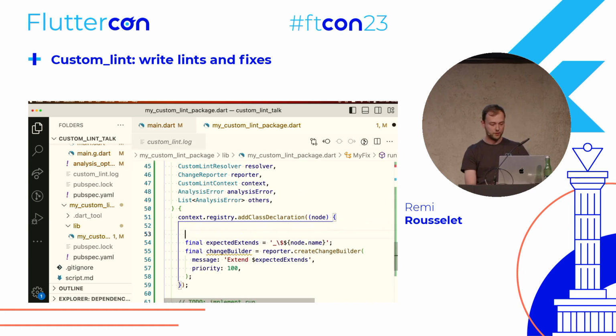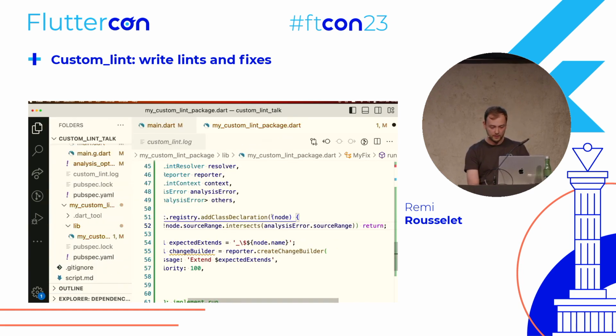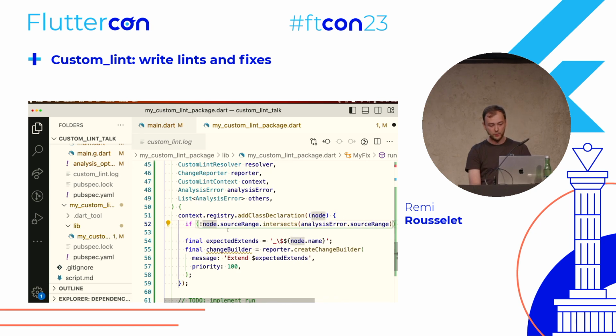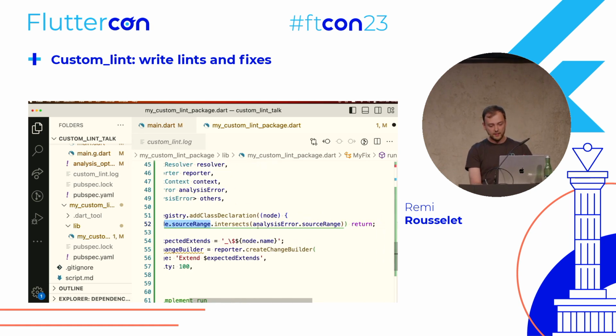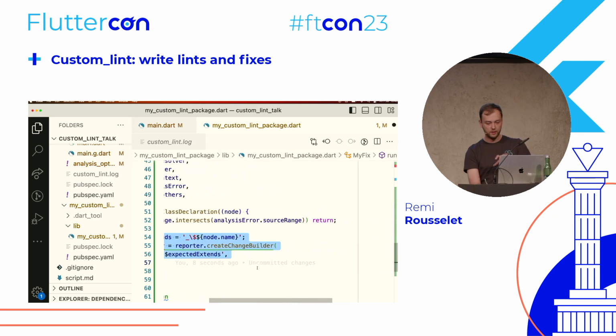We could do this with a simple if condition, which is the following. This if here is basically doing: if the source code of the class is intersecting with the warning under the cursor, then we show the quick fix, otherwise we just do nothing.